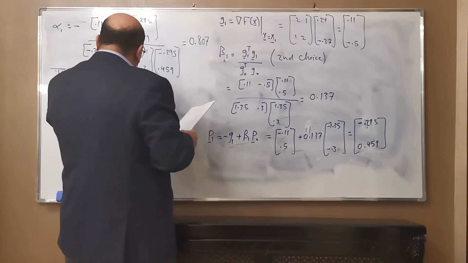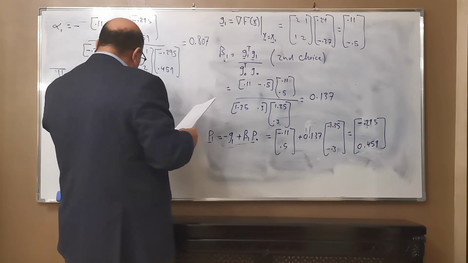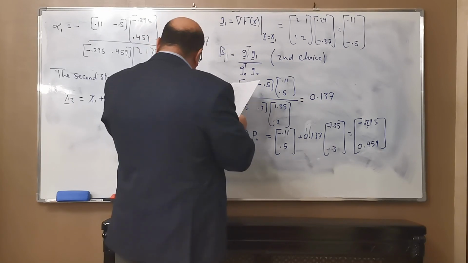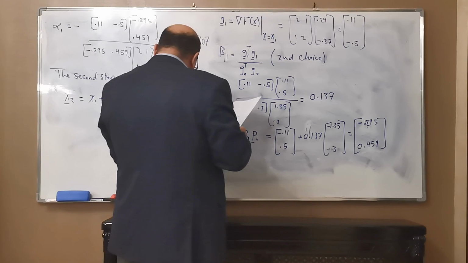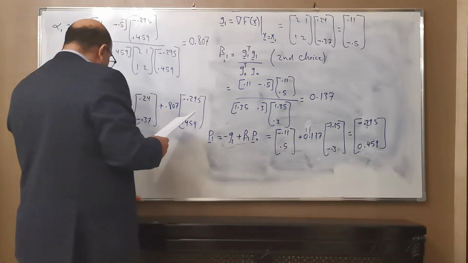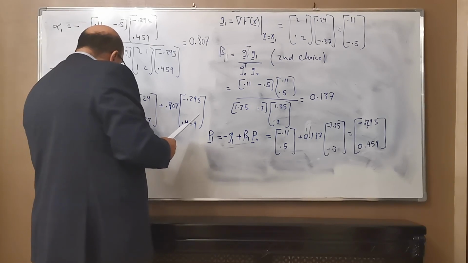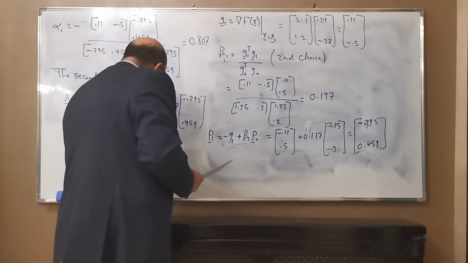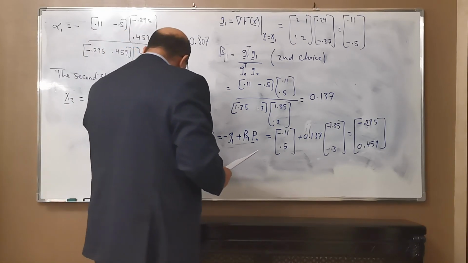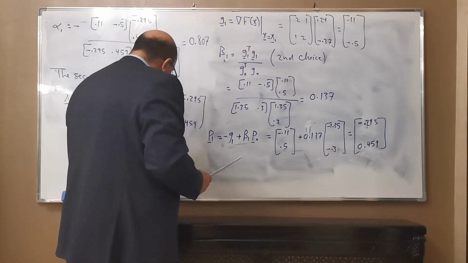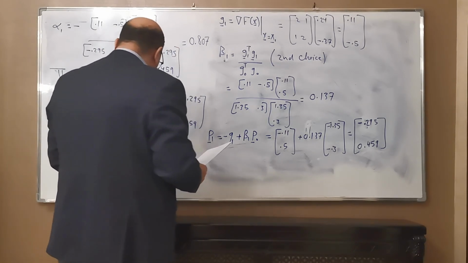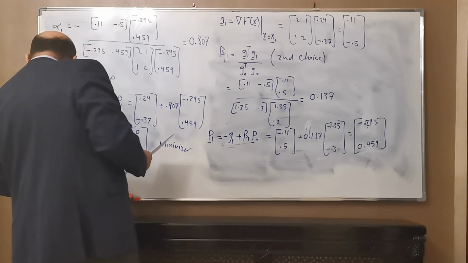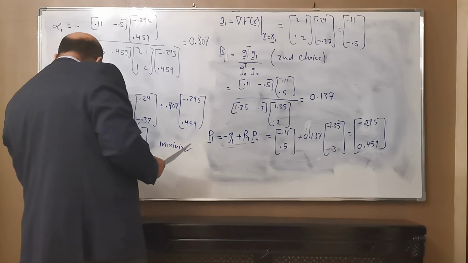So this equals (0.24, -0.37) plus 0.807 times (-0.295, 0.459), and the end result here is (0, 0), and this is our minimizer. x2 is this one, and if you put it in f, f of (0, 0) is equal to 0.